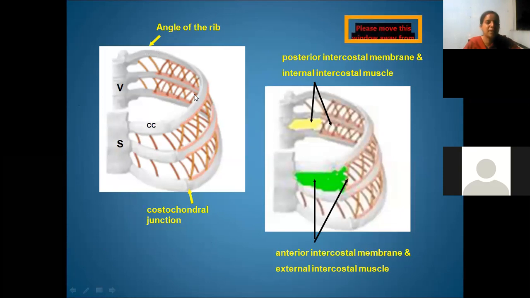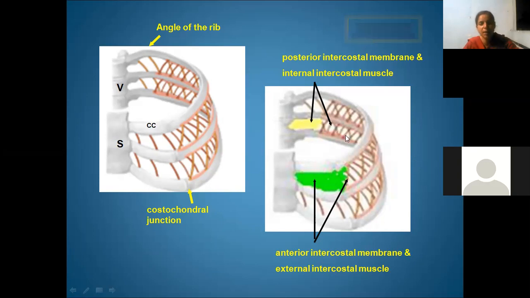The rib is made up of bone, but in front the part which articulates with the sternum is made up of cartilage. It is called the costochondral junction. You can see the muscles: outside is external intercostal muscle which is deficient anteriorly, behind is the internal intercostal muscle, which is deficient posteriorly.